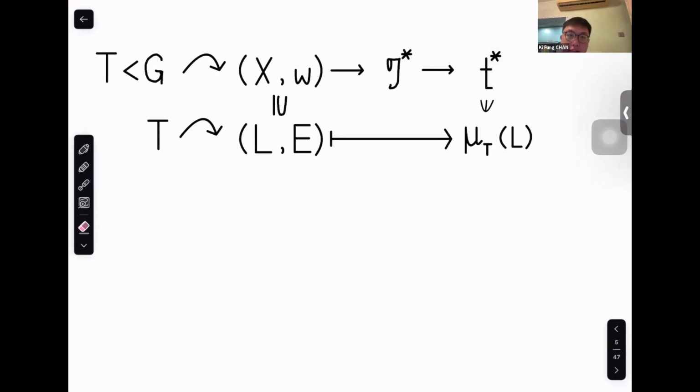So G is acting on X, but L is invariant only under T. In particular, it implies that the T moment map is constant on L. So the mu_T(L) here is in fact a number in the Lie algebra dual.